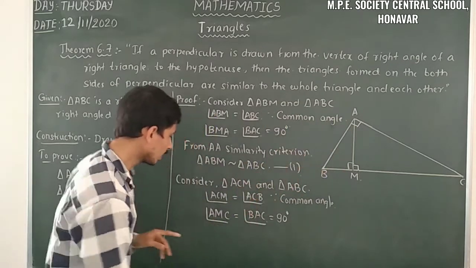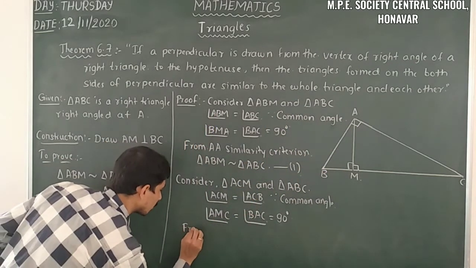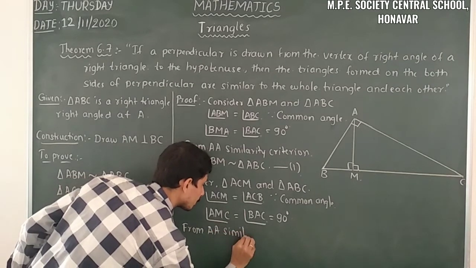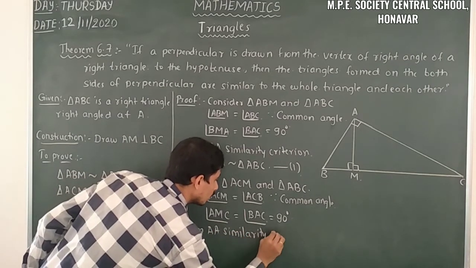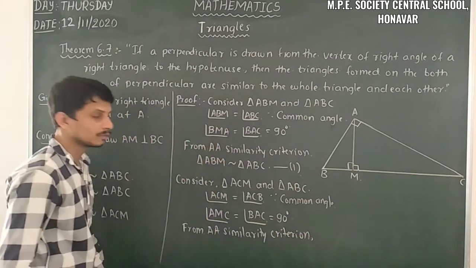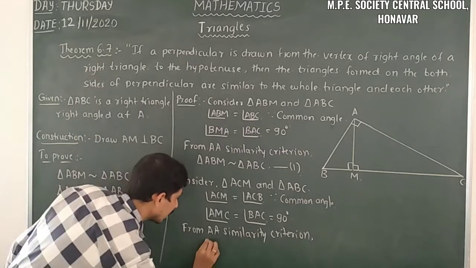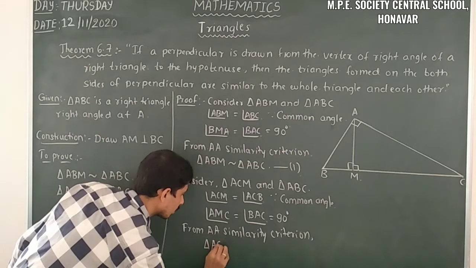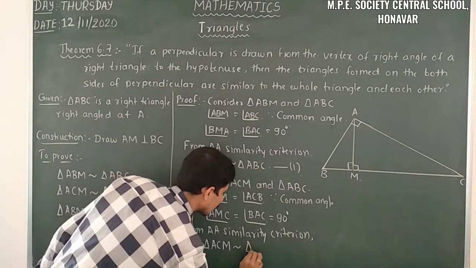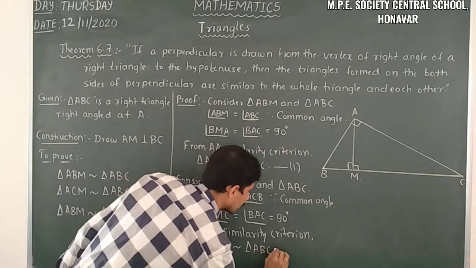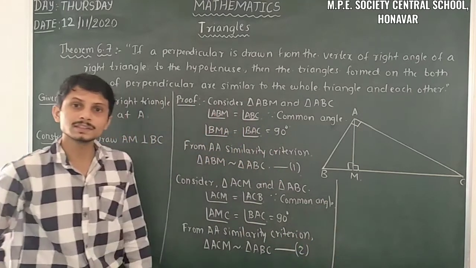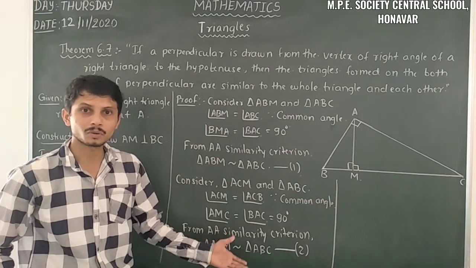Yes. So from AA similarity criterion, we can take triangle ACM is similar to triangle ABC. I will consider this as equation number 2. So from equation number 2, things which are equal to the same thing are equal to one another.